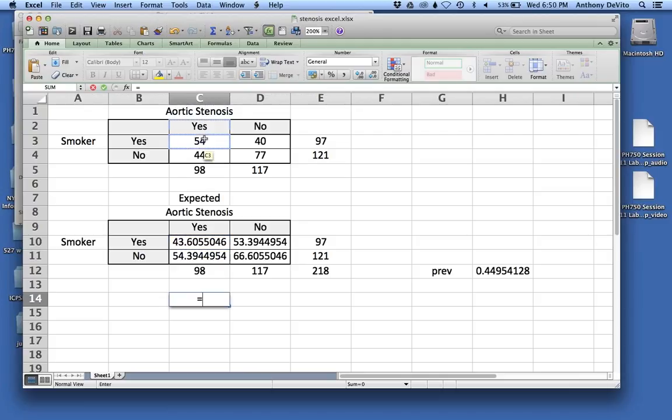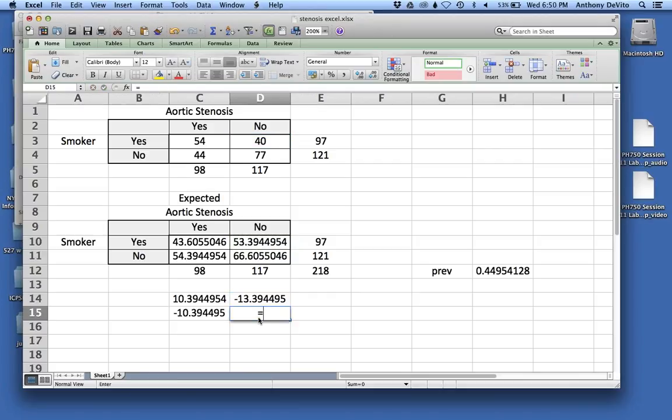So the difference is equal to 54 minus 43.6. How about the next box? The difference there is equal to 44 minus 54. The difference in the next box: we expected 53, our observed value is 40, so 40 minus 53.